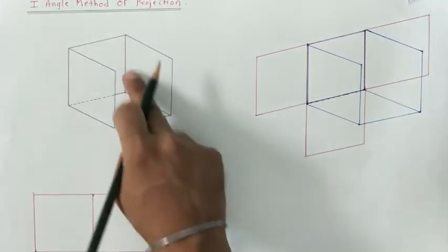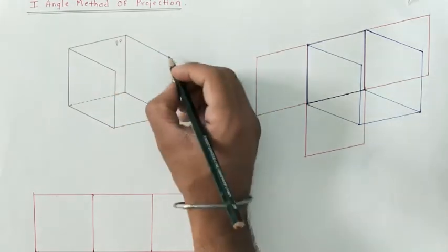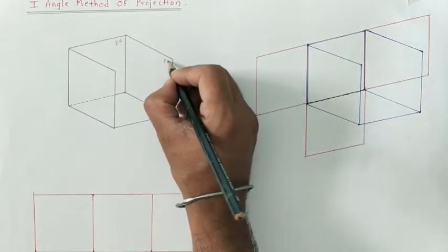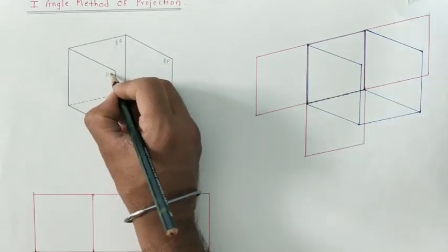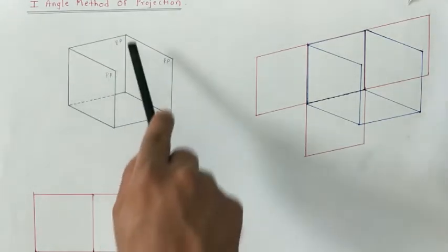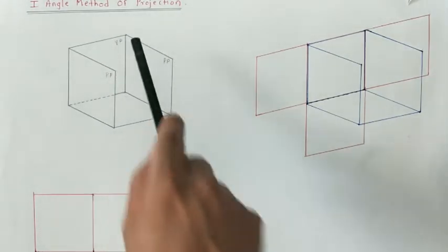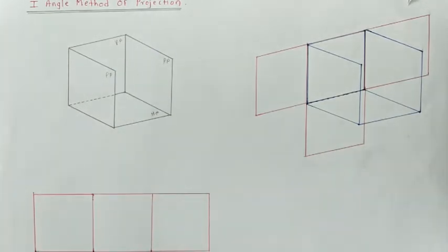This is vertical, so we call it the vertical plane, and this is a profile plane, and this is also a profile plane. This is how we have the first quadrant.